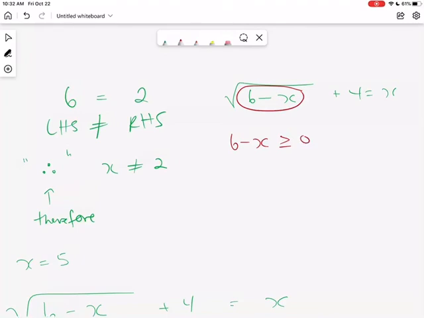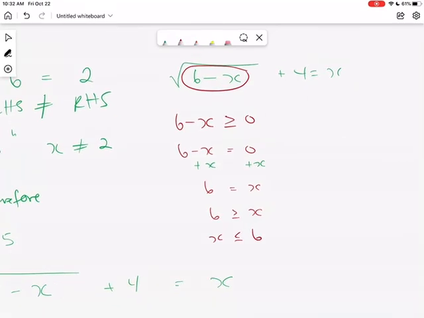If I go 6 minus x equals 0, I can slide my x over, and that will give me 6 equals x. That means that x has to be less than or equal to 6. Okay, x has to be less than or equal to 6.